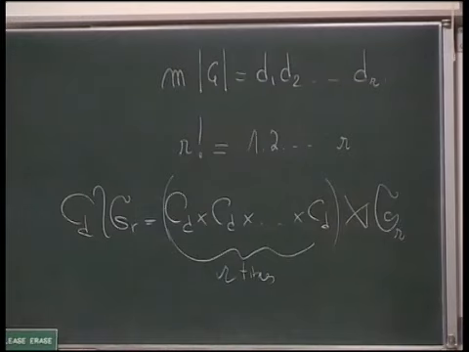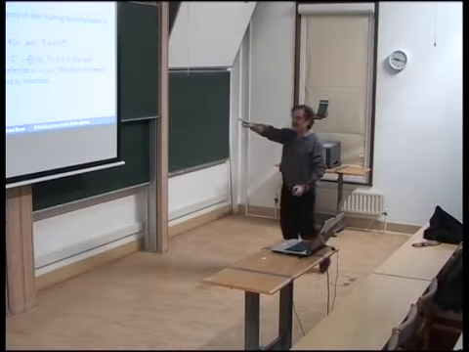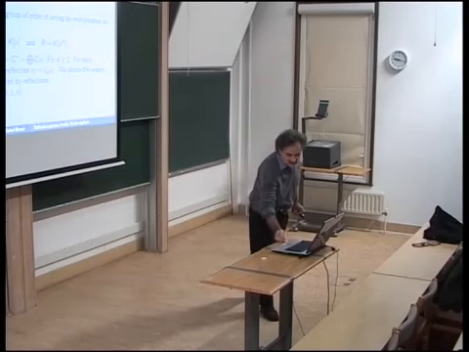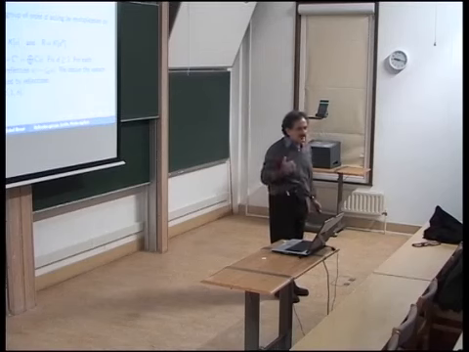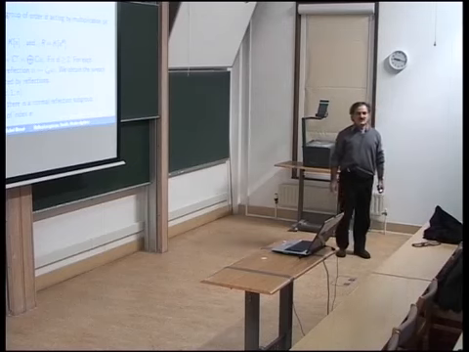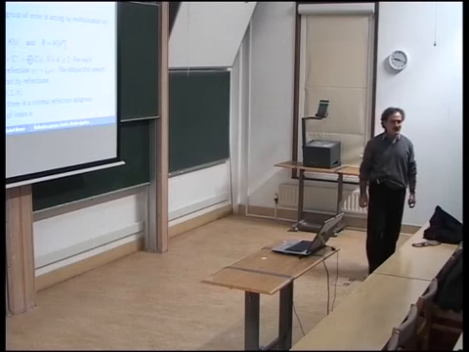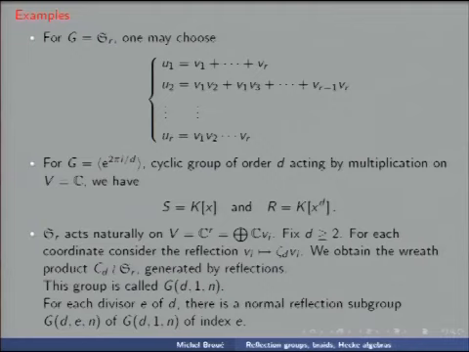And so this is the semi-direct product of C_D cross C_D cross C_D by S_R, and this is by definition the wreath product. So this is what this group is. It's an easy exercise. And this group is called, you'll see in a minute, in the general context, G(D,1,R). And for each divisor E of D, there is a normal reflection group, G(D,E,R), of G(D,1,R) of index E. We'll quote a more general series in a moment.